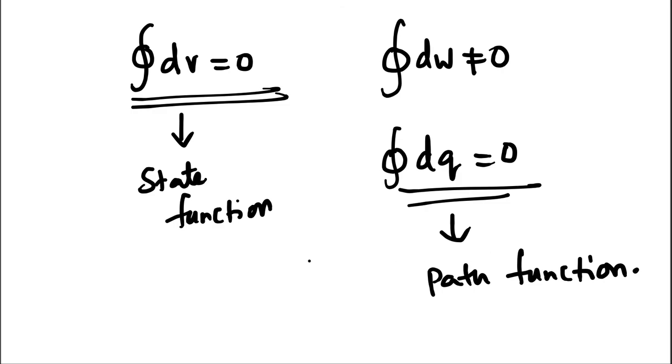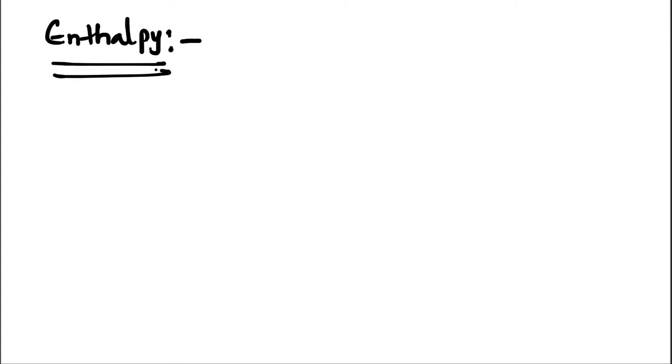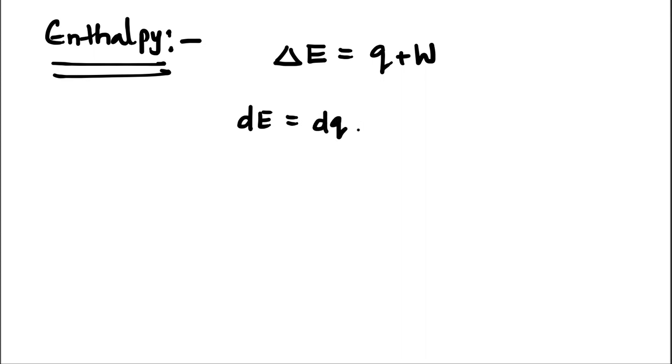And the other topic we are going to cover is enthalpy. What is enthalpy? According to the first law of thermodynamics, delta E is equal to Q plus W. Let's take it for a little change in the process, then dE is equal to dQ plus dW.